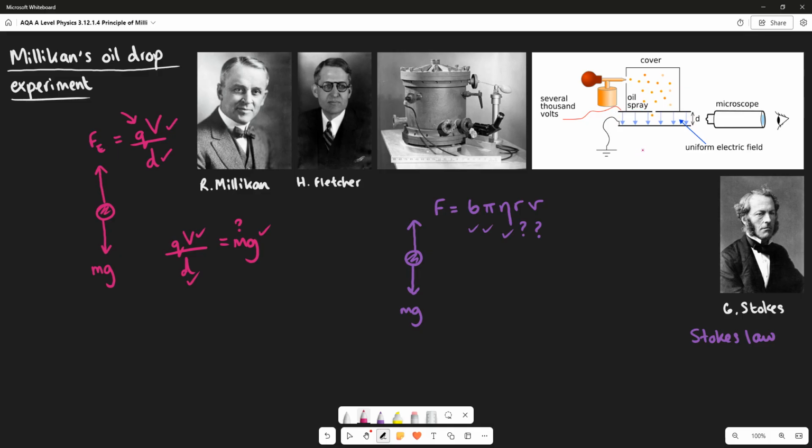When this was done, Millikan and Fletcher switched off the electric field and observed the oil droplet falling and reaching terminal velocity. They did this by looking through the microscope. They measured the velocity and calculated the radius. That allowed them to calculate the mass. I'm going to show you how they did some of those calculations now.